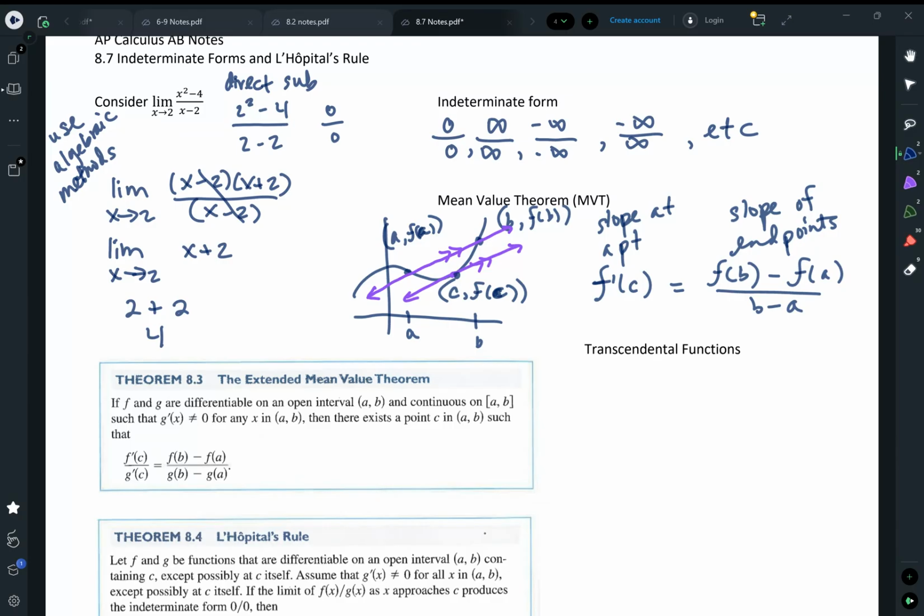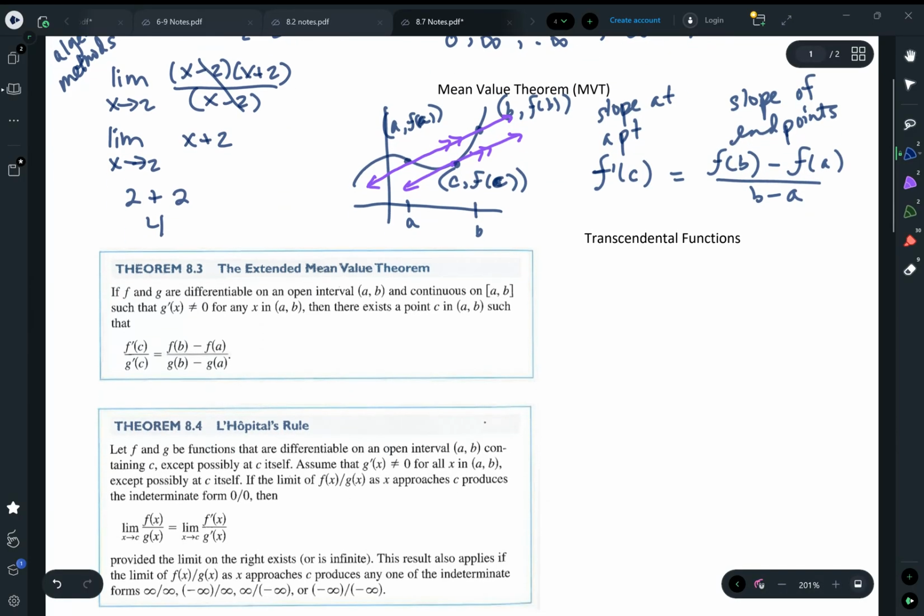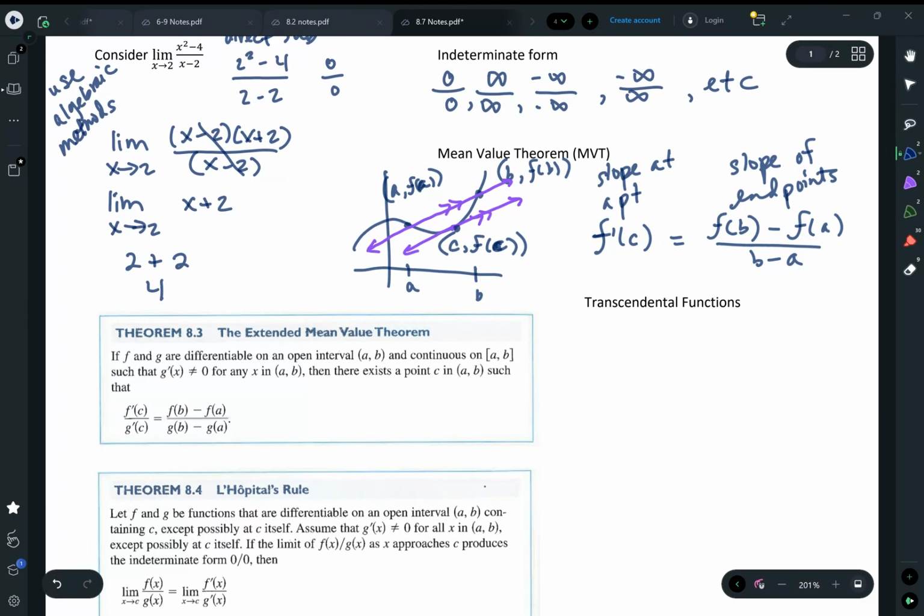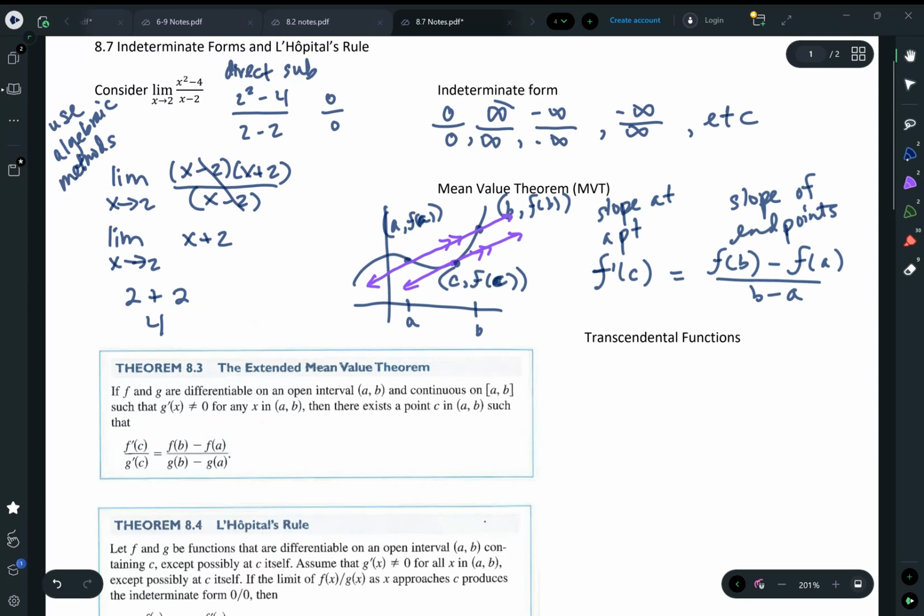So the extended mean value theorem is what we're using to get this L'Hopital's rule. What L'Hopital's rule is basically saying is, hey, we might have an infinity over infinity for our direct substitution. It's this indeterminate form, but are they both going to infinity at the same rate?